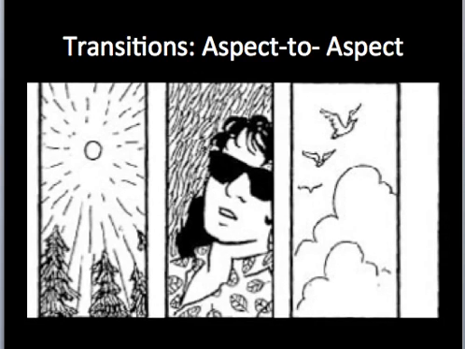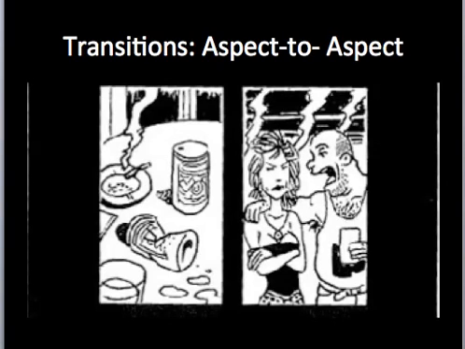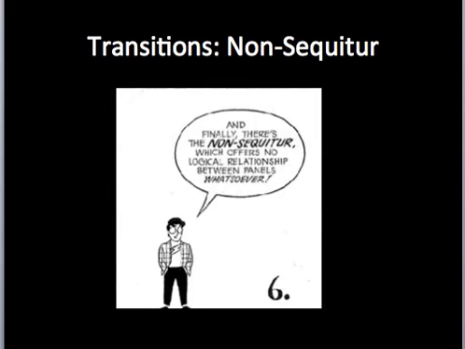It's getting us various aspects of the setting: the sun, the man with the sunglasses, and then the birds flying. Aspect to aspect: beer cans, and then a man belching on a woman. So we have to put these various thematic panels together to make the setting or to make the story.